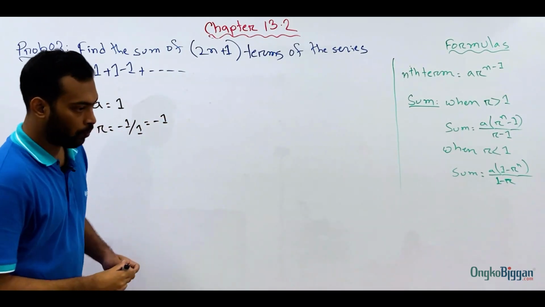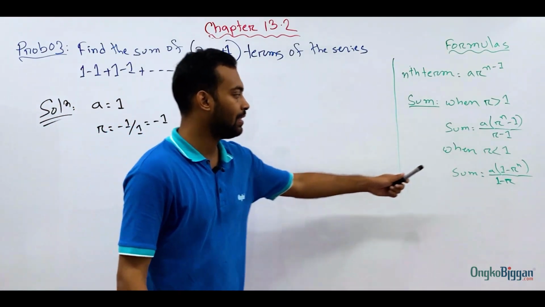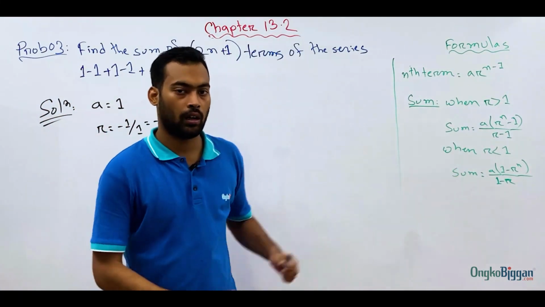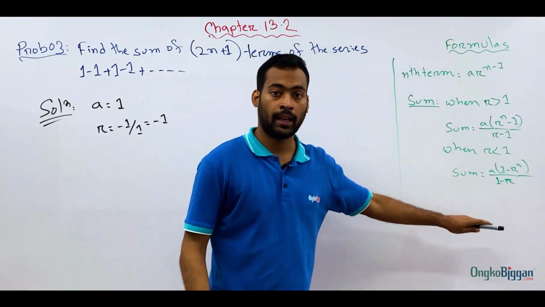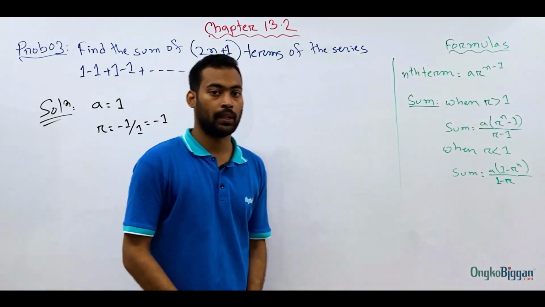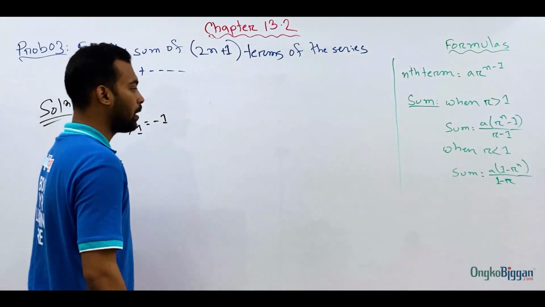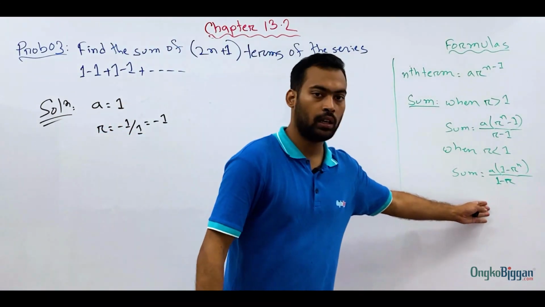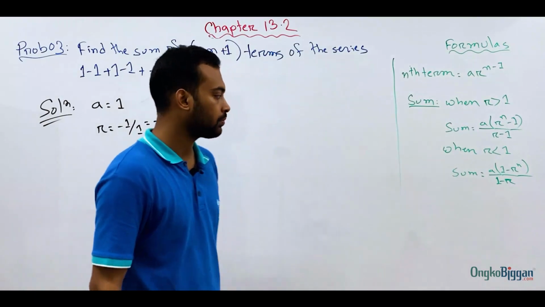So minus 1 is obviously less than 1. If you consider the number line, minus 1 is obviously less than 1. So we have to follow this formula for this problem.